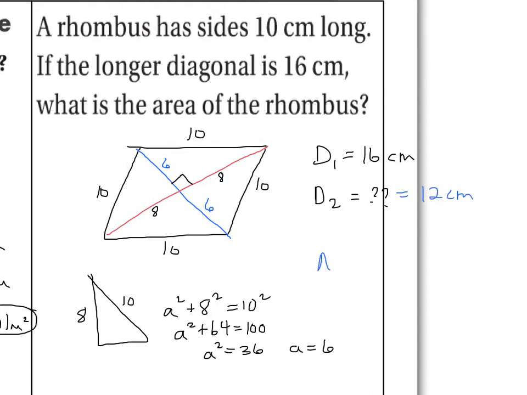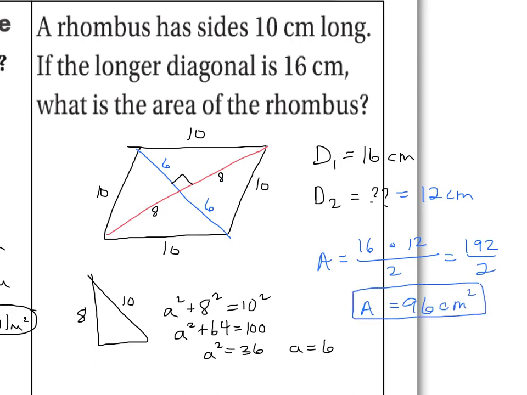The area is diagonal 1, 16, times diagonal 2, which is 12, divided by 2. 16 times 12 gives me 192, and if I divide that by 2, the area is going to be 96 centimeters squared. So in this problem, you had to use the Pythagorean theorem to find the length of one of the diagonals.